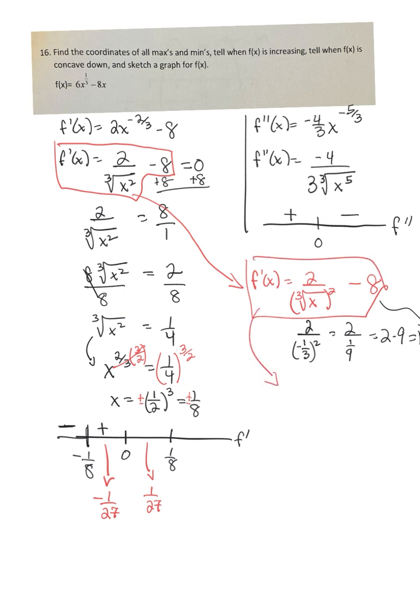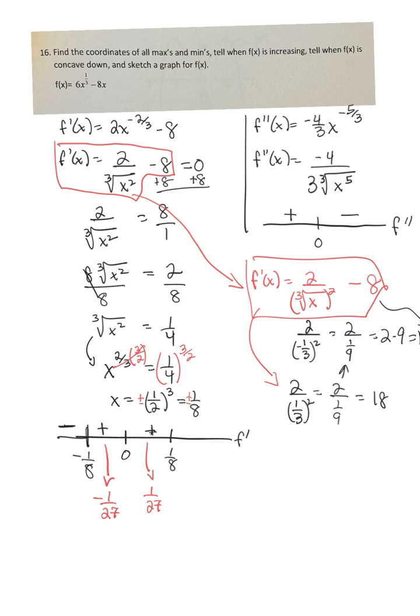Okay, so I'm doing 2 over, now I'm taking the cube root of 1 over 27, and that would be 1/3, and then I'm going to square that. So that's 2 over 1/9. Well, look, isn't that the same thing as what I have right here? So that's going to be 2 times 9, which is 18, and 18 minus 8 is going to be a positive number.